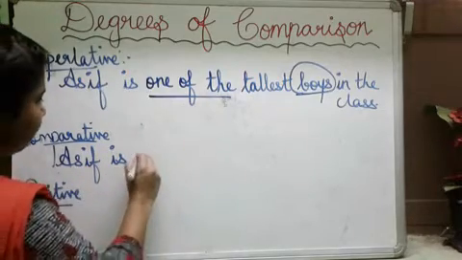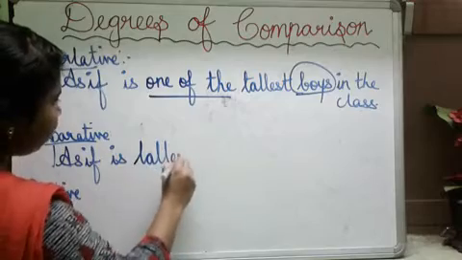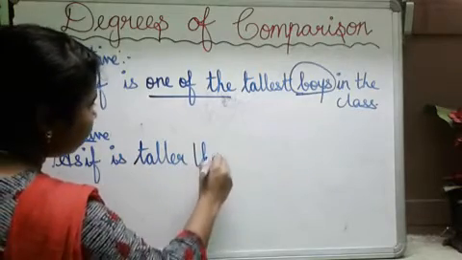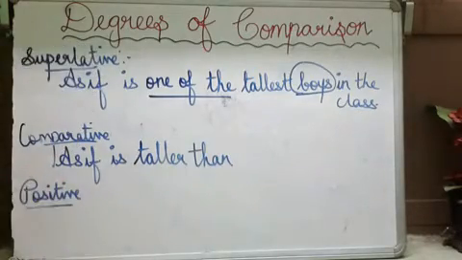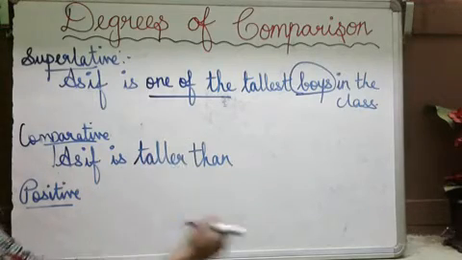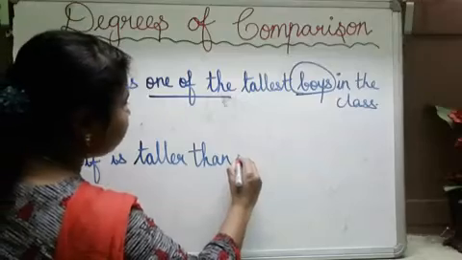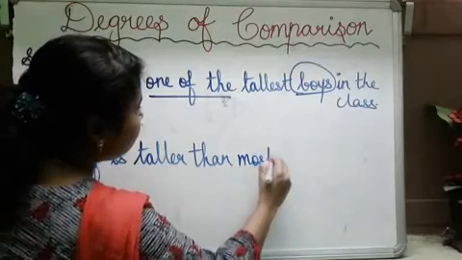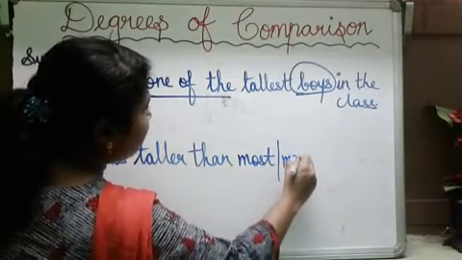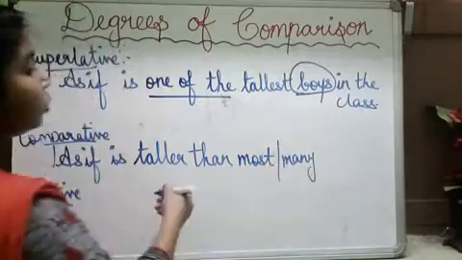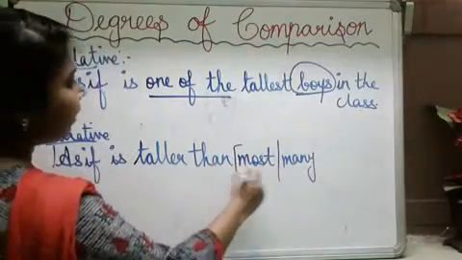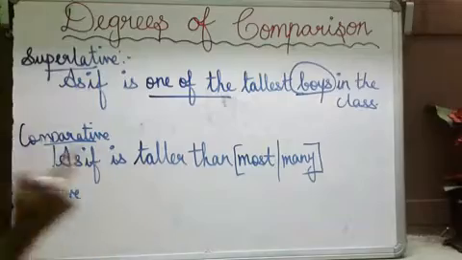Now when you change this into comparative degree, this 'one of the' you will remove, you will write taller than most other boys, or you can write many other boys. Most also you can write, many also you can write. Any one you choose, both are correct, but you have to use any one only.